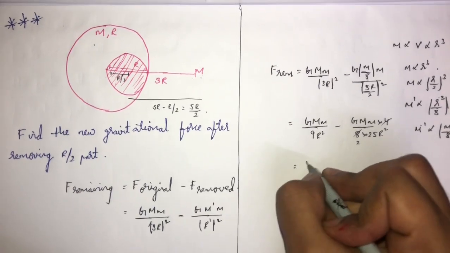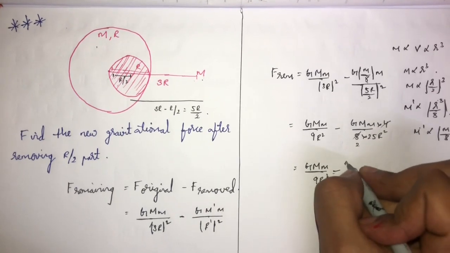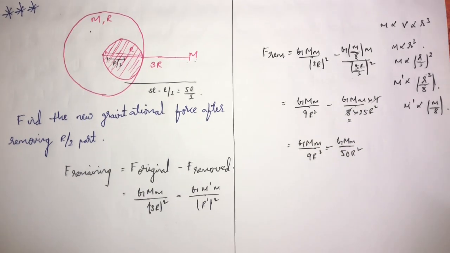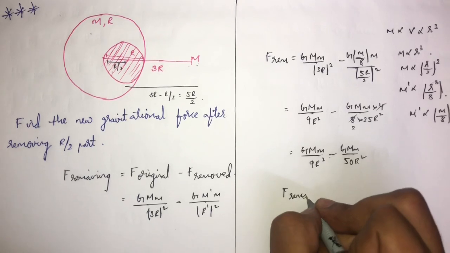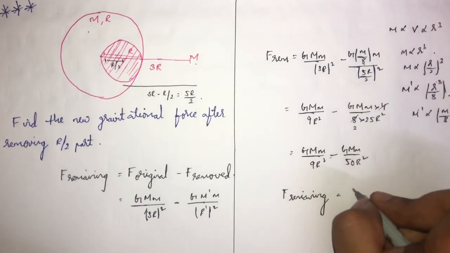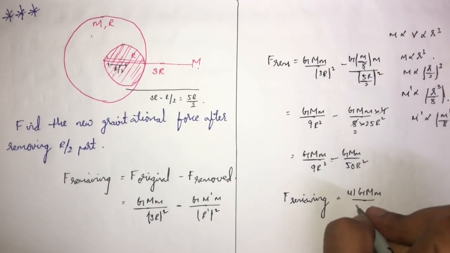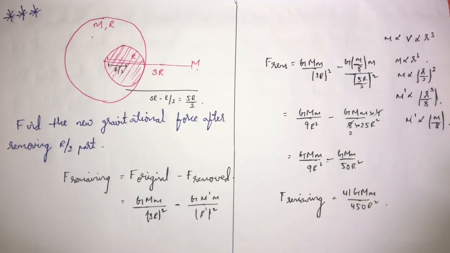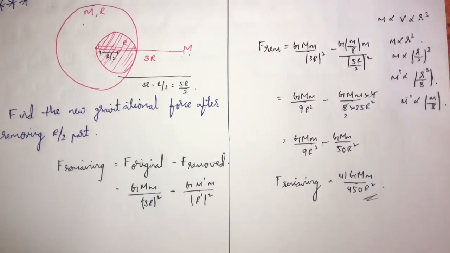So GMm by 9r square minus GMm by 50r square. So finally we'll get F remaining equal to 41 GMm by 450r square, after doing the LCM. That's it. Clear?